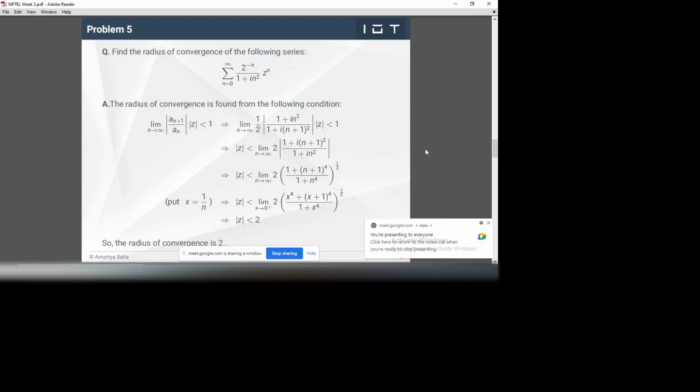Well, if not, then we quickly move on to the maximum modulus principle.